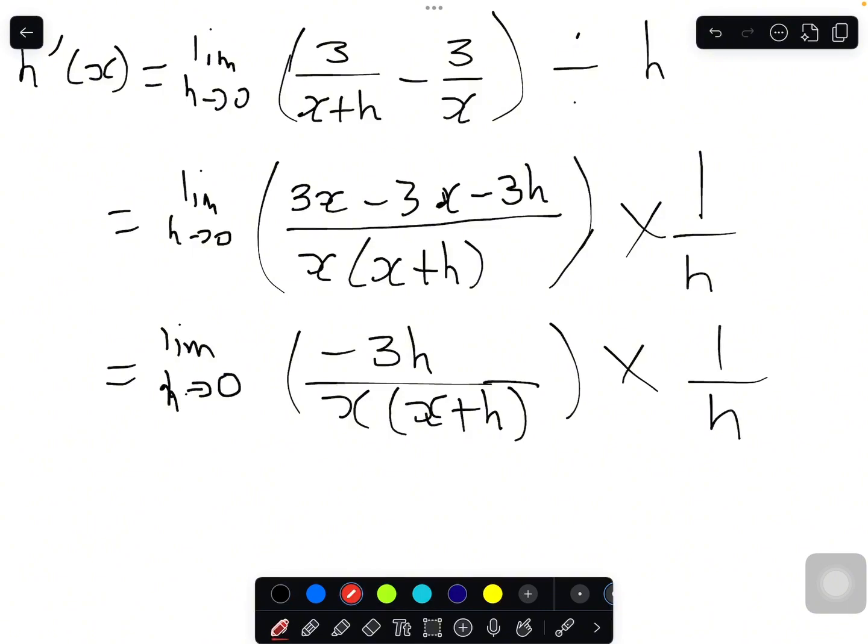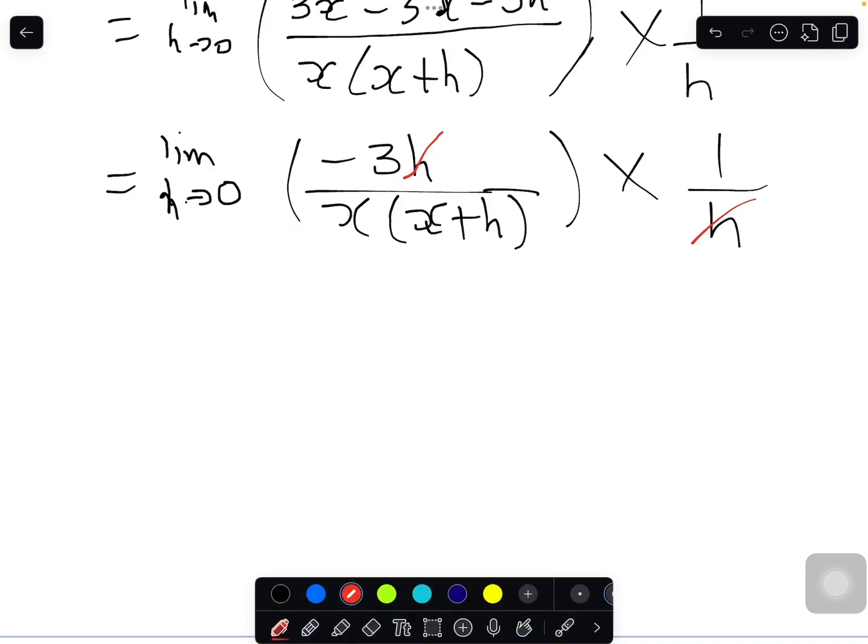Now this here can be cancelled off with this. And now I'm left with the limit as h approaches 0 of negative 3 over x into x plus h.